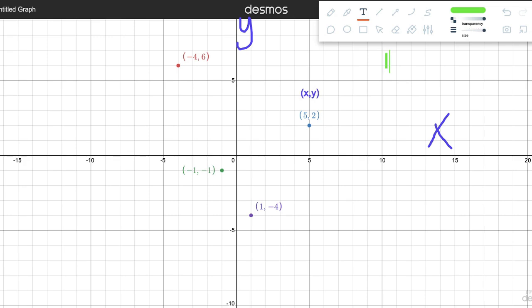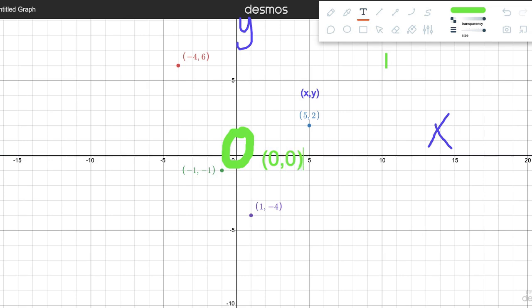Now, how do I know it's quadrant one? It's because the whole world is positive in quadrant one, which means that if I'm starting at my origin, right there is my origin, and the origin is 0, comma 0.